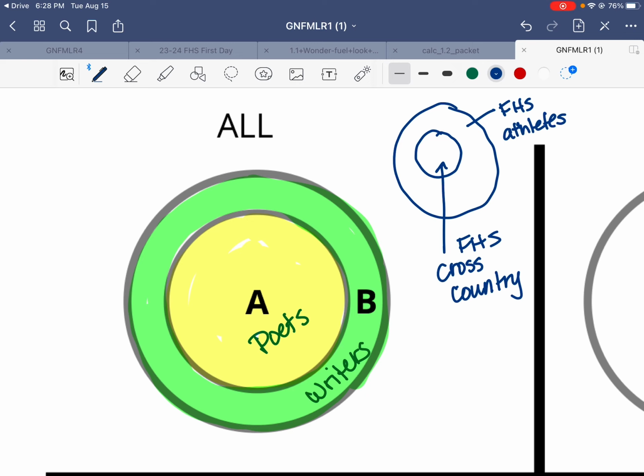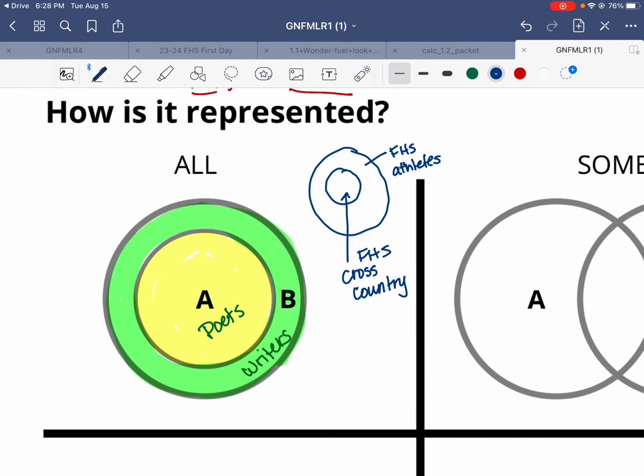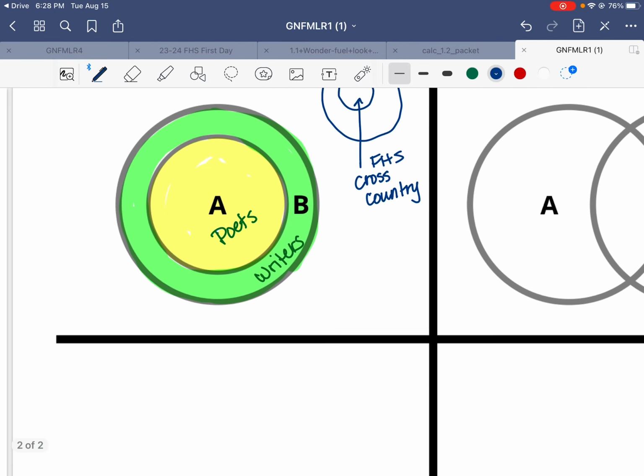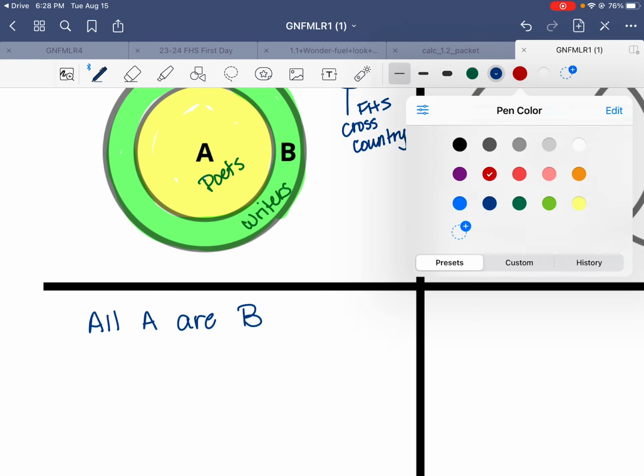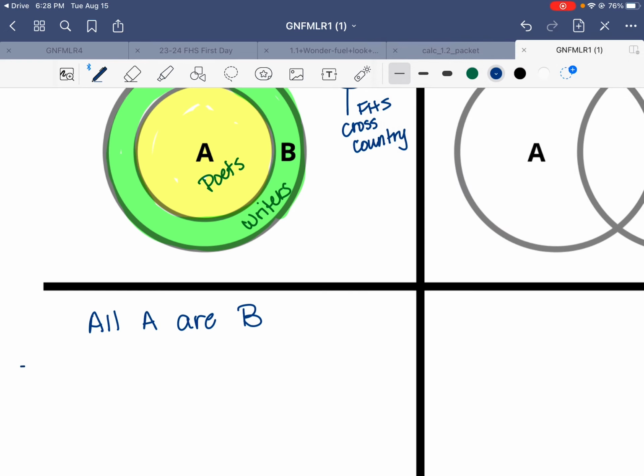Let's go ahead and define it down here and do an equivalent statement. So I'm just going to kind of keep going down that column. So if I want to describe this, I would say all A are B. Meaning that every member of the set of A also belongs to the set of B. Now there's a thing called an equivalent statement.